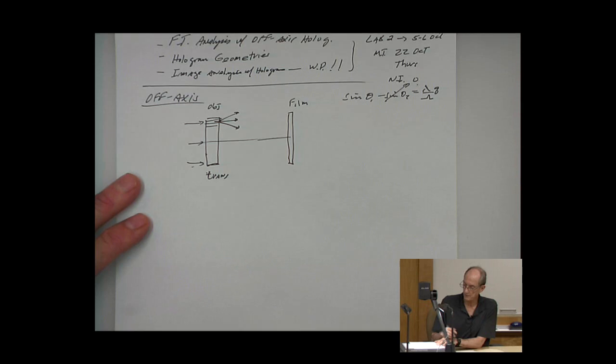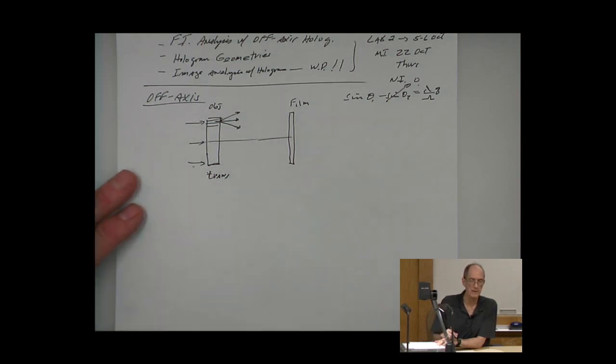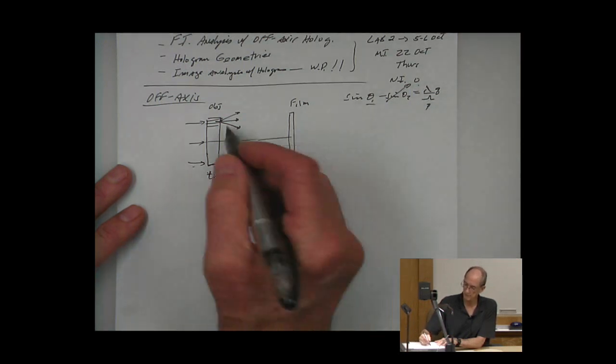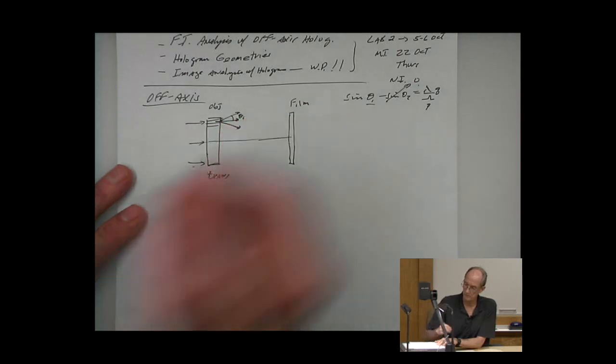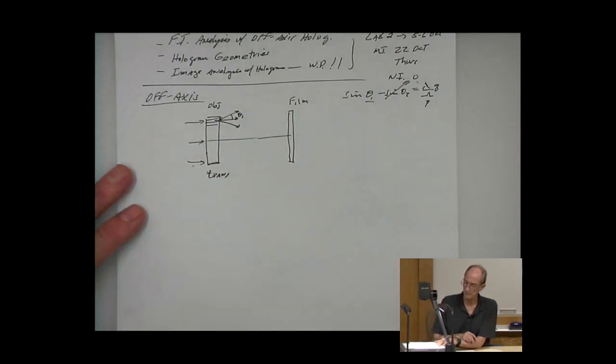If I give you an object transparency and some feature size, like 1,000 lines per millimeter, which is like 1 line per micron, you can insert that into the grating equation and come up with an angle for the object wave coming off of that object transparency.